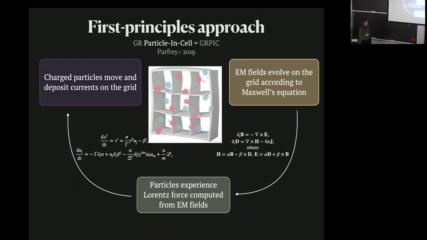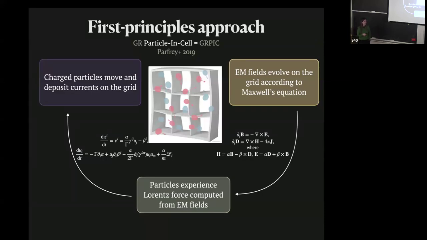Maxwell's equations we could just solve in special relativity, but now we need to account for GR. What we do in these simulations is use the so-called 3+1 formalism, where the spatial metric is decoupled from the full metric. We simulate in the Kerr-Schild metric.